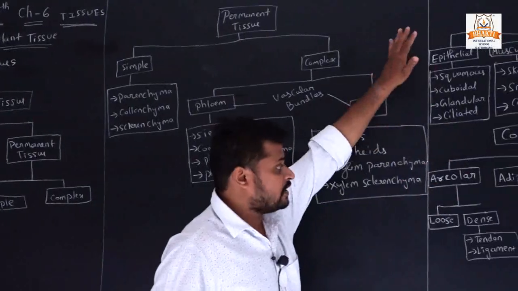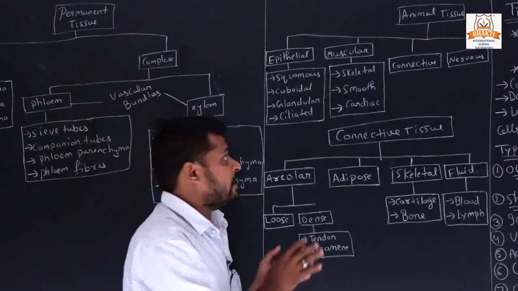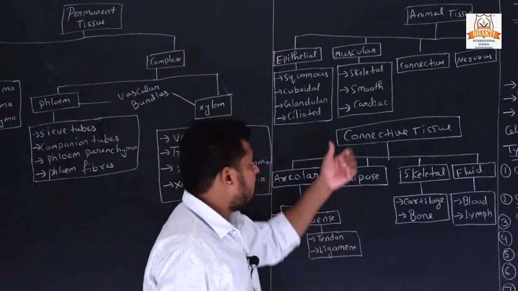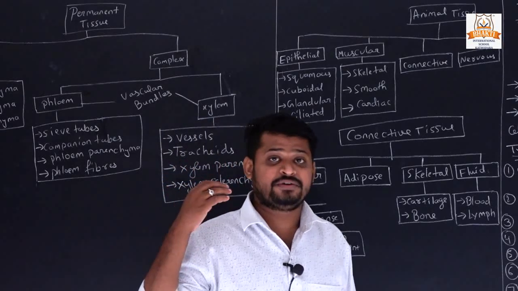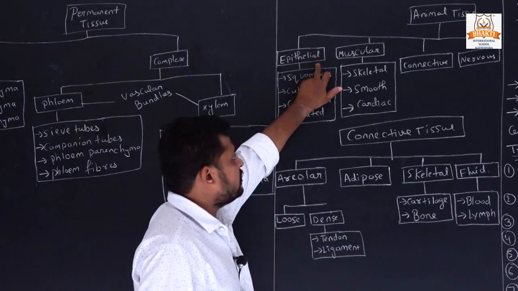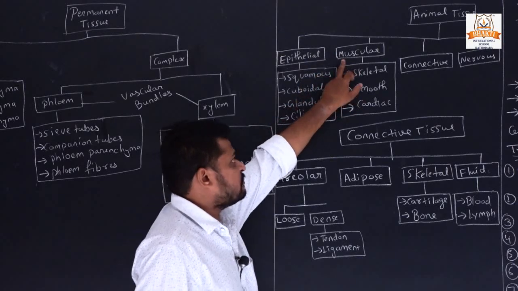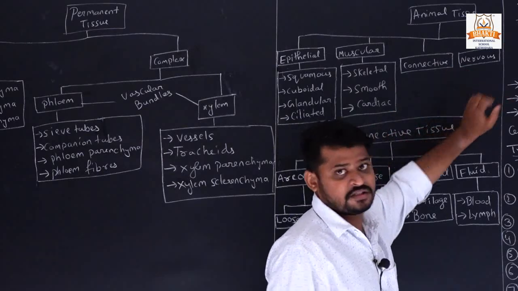Now we are going to study animal tissue. Animal tissues are classified into four types. One is epithelial, second is muscular, third one is connective, and fourth one is nervous.